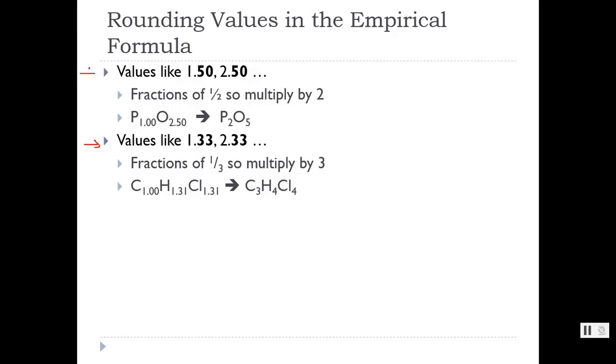And the other example that you may come across when doing empirical formulas is if you get values that are 0.5, then you would multiply by 2 to get whole numbers. Now, there are other examples of when you need to multiply by a factor to get whole numbers for empirical formulas, but these are the 2 examples that I think are most prevalent, that you'll come across most in Intro Chem. So I wanted to bring those to your attention.